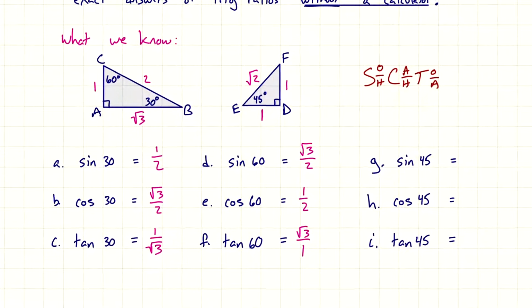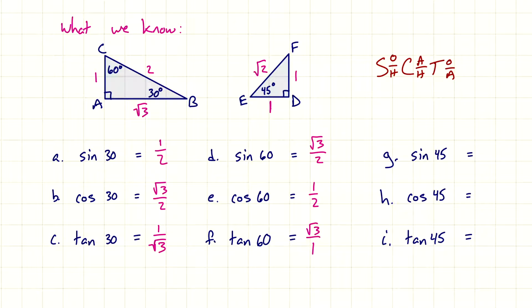All right. So before we go on to the last 3, what we want to do is see if there's any connections with the numbers we just saw. And so what I notice, sine of 30 is 1/2. That's also cosine of 60.